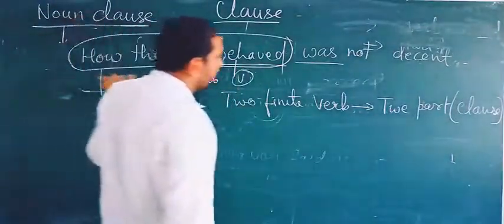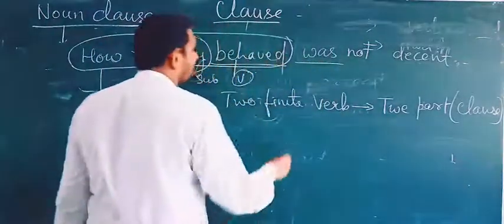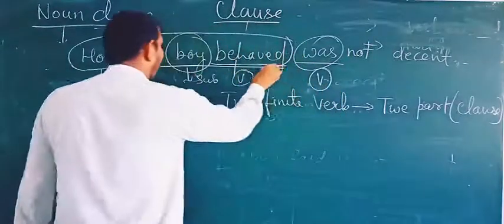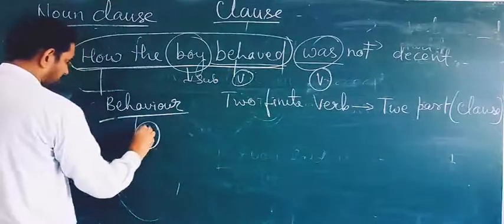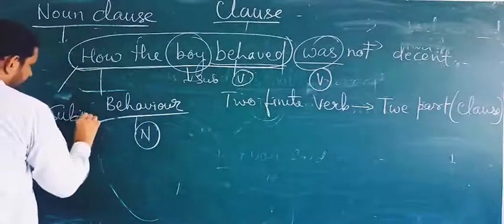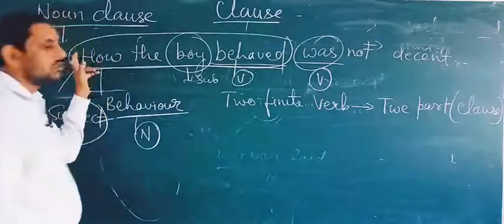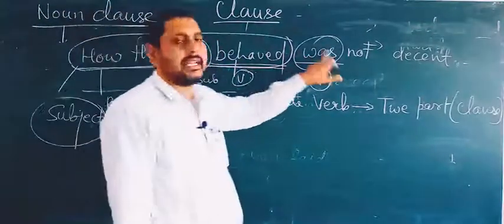But in the whole sentence, from how to decent, was is the verb, and the whole group of words we can replace by behavior as a subject. Okay, so we can say a noun clause can function as a subject of a sentence.